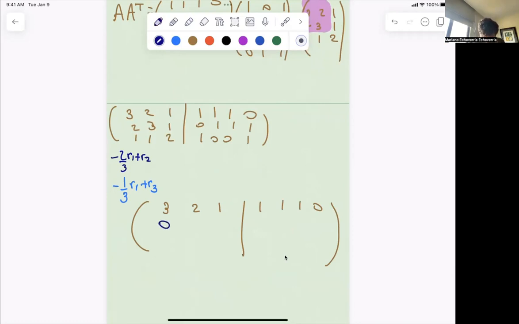So this is 3 minus 4/3. 3 minus 4/3 is 5/3. Should be 5/3. And then this one is 1 minus 1/3.